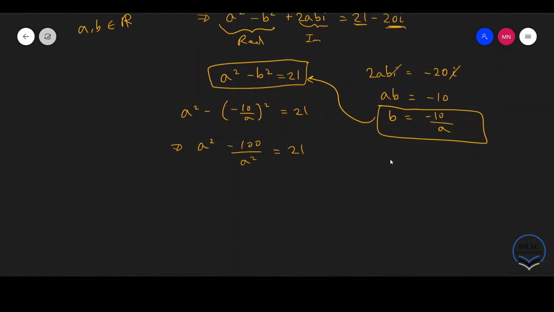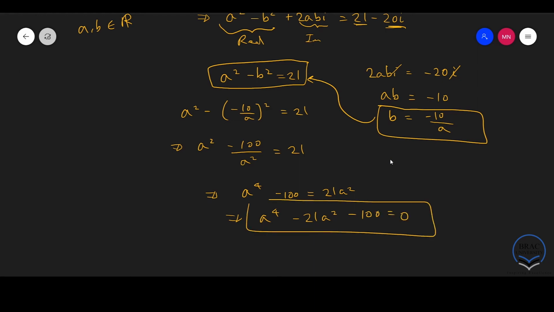So if I multiply both sides by a squared, I get a to the power of 4 minus 100 equals 21a squared. So this should have been 100, my bad. This becomes a to the power of 4 minus 21a squared minus 100 equal to 0.